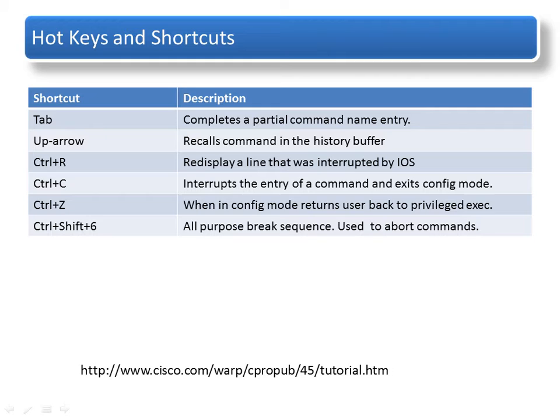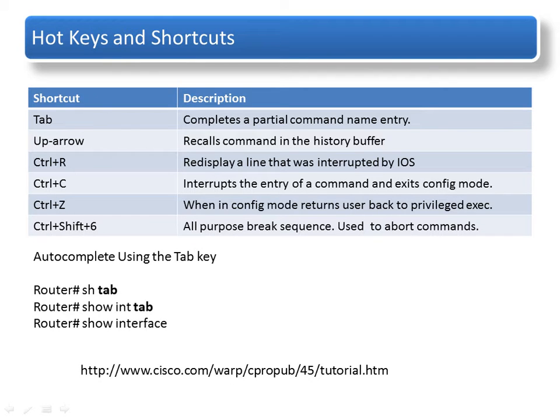Here is a list of a few of my favorite keystrokes. The tab key helps to auto-complete a command after the user types a few keys. In this example, I started to type sh. Instead of typing in sho, I type sh and hit the tab key to auto-complete this command. This technique even works with keywords.